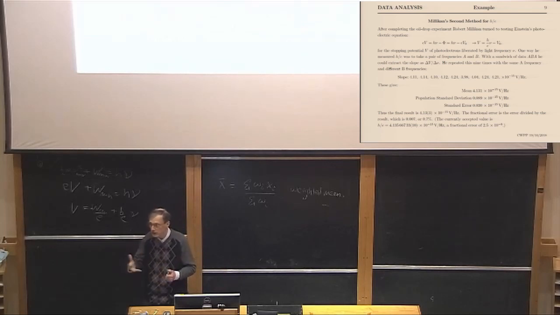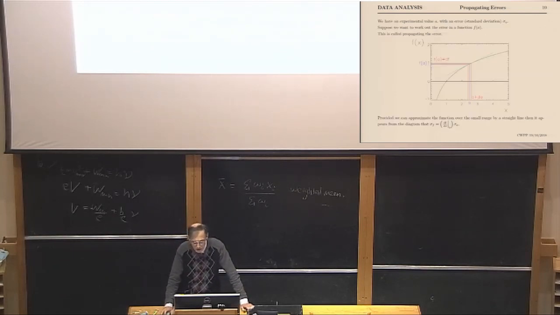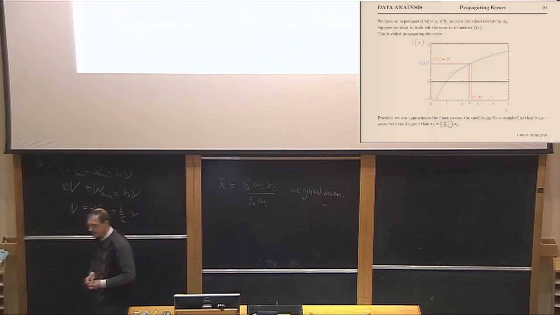So this is an example of what I said last week, that different combinations of the physical constants ended up getting contaminated by Millikan's value for e. Right. So that's just how you analyse a single set of measurements of the same thing.